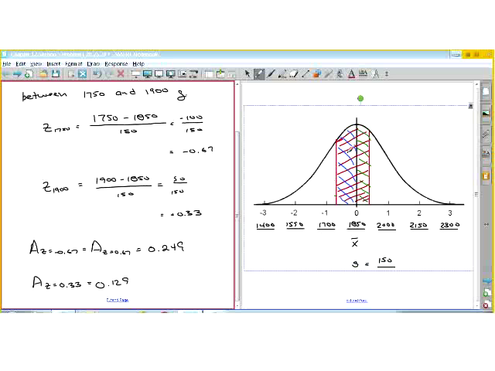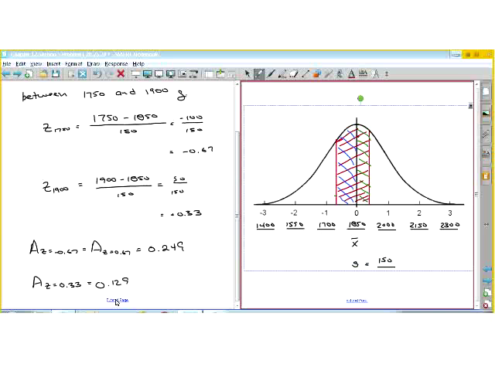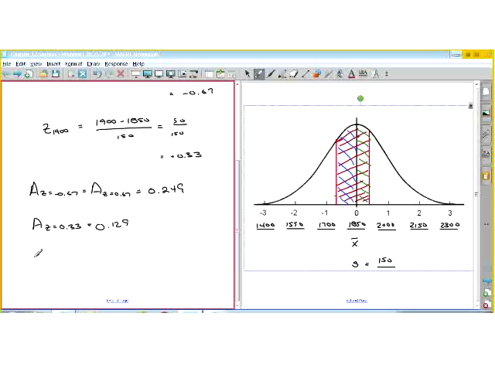So 12.9% are here, and therefore the total area is the sum of these two: 0.249 plus 0.129 is 0.378.